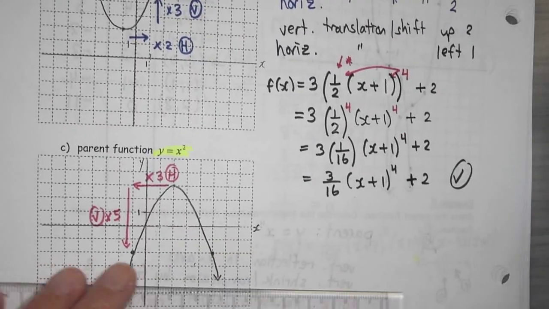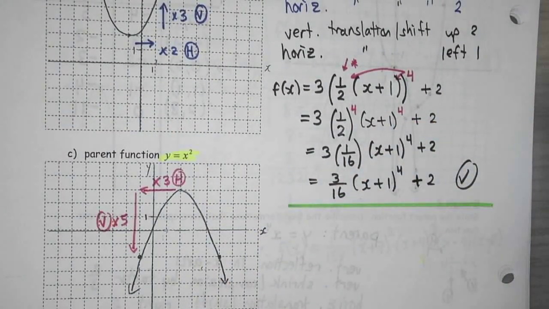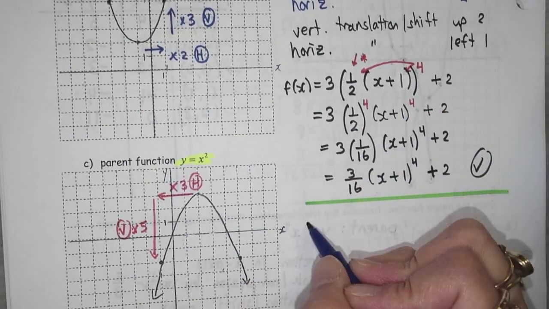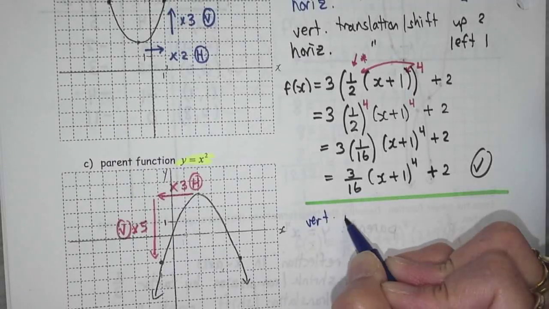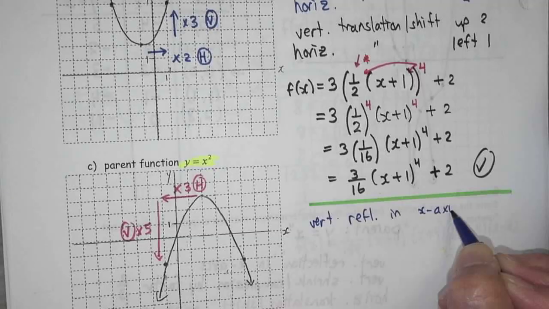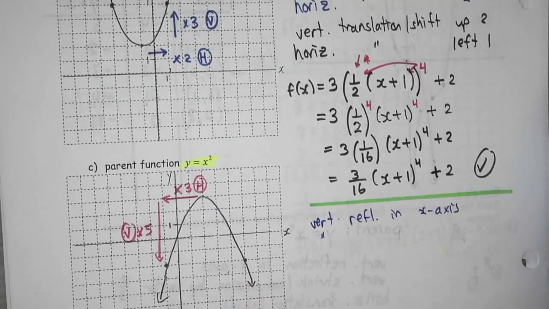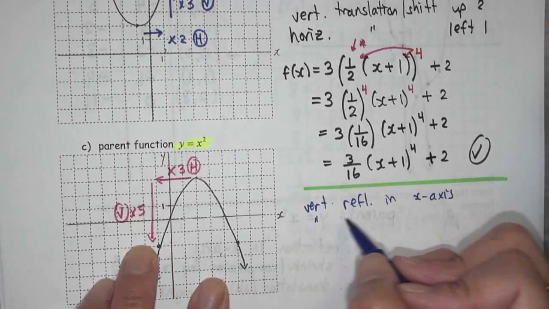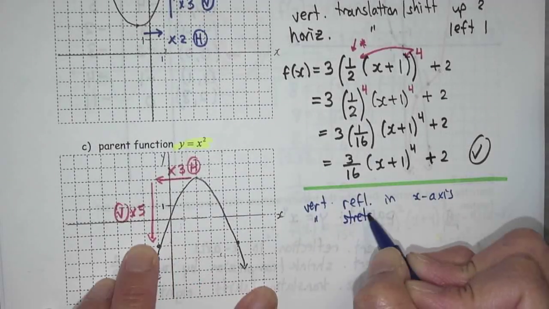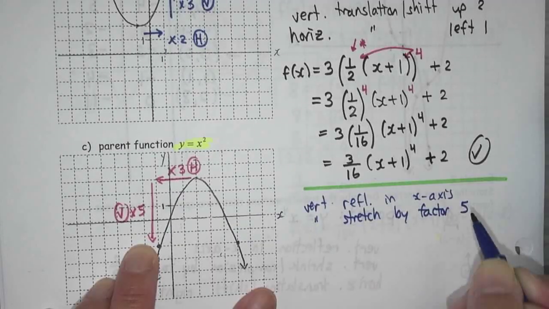So let's put all our statements together and do one more equation. So vertical reflection in the x-axis. Okay, we're doing a vertical, and this is going to be stretch by a factor of 5.